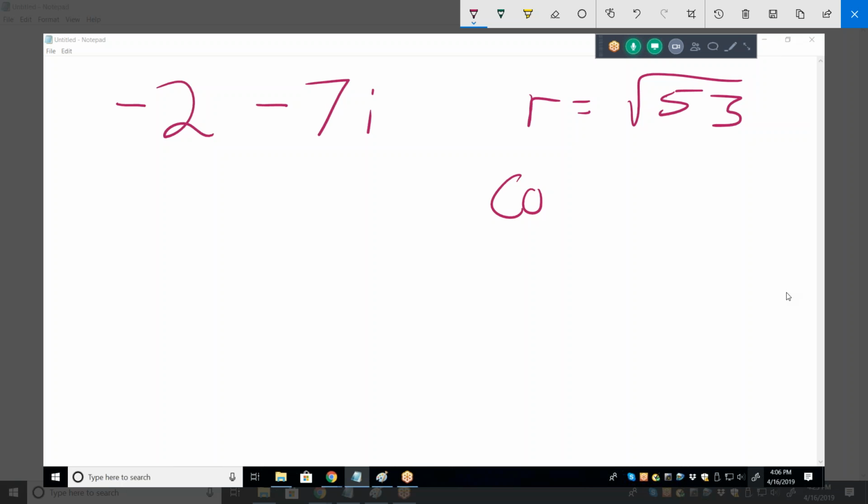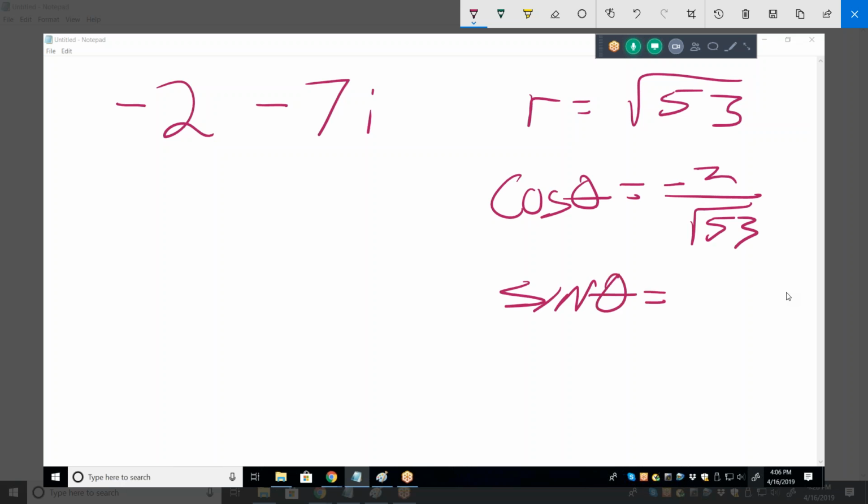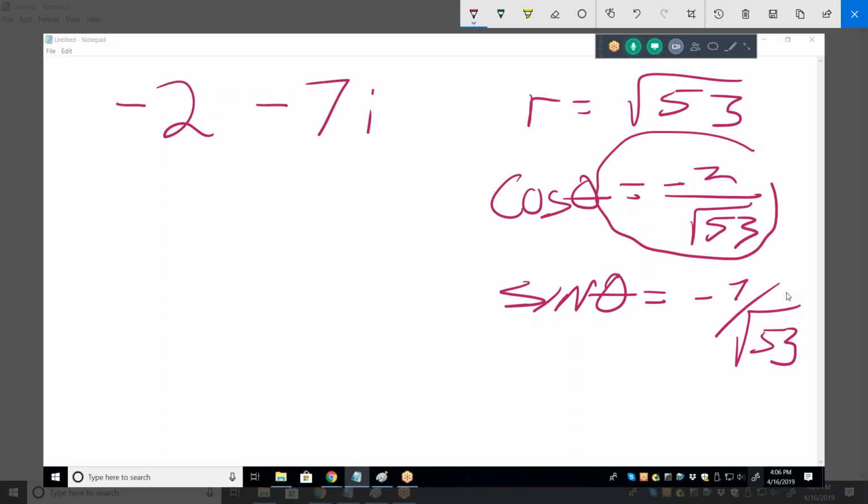And cosine of theta? Cosine of theta is negative 2 over root 53. And then the sine is -7 over root 53. Now, you'd have to use a calculator to come up with that angle?